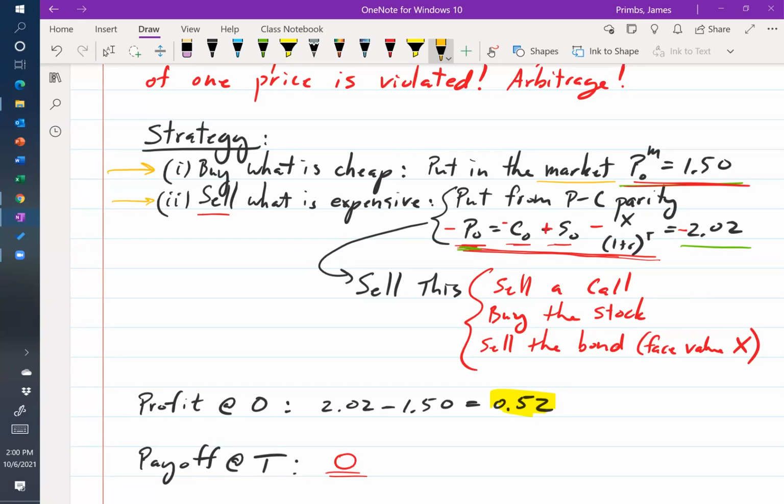I sold a put payoff. I didn't do it directly. Put call parity tells me that if I do this strategy, which was sell the call, buy the stock, sell the bond, that corresponds to the put call parity formula, then that's selling a put payoff. So I bought a put payoff, and I turned around and sold the put payoff.